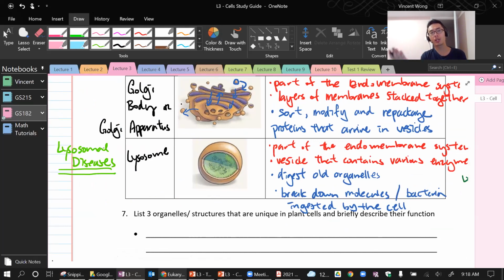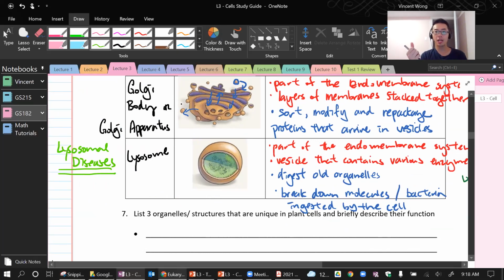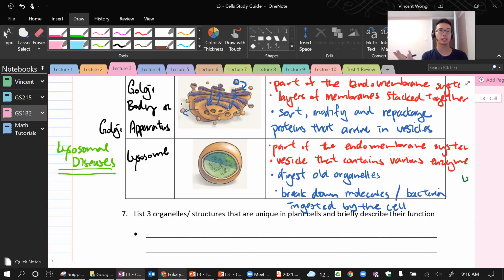And what macromolecule makes up the enzyme? That's a question. Is it carbohydrate? Is it lipid? Is it protein? Or is it nucleic acid? Which of those macromolecules makes up the enzyme?